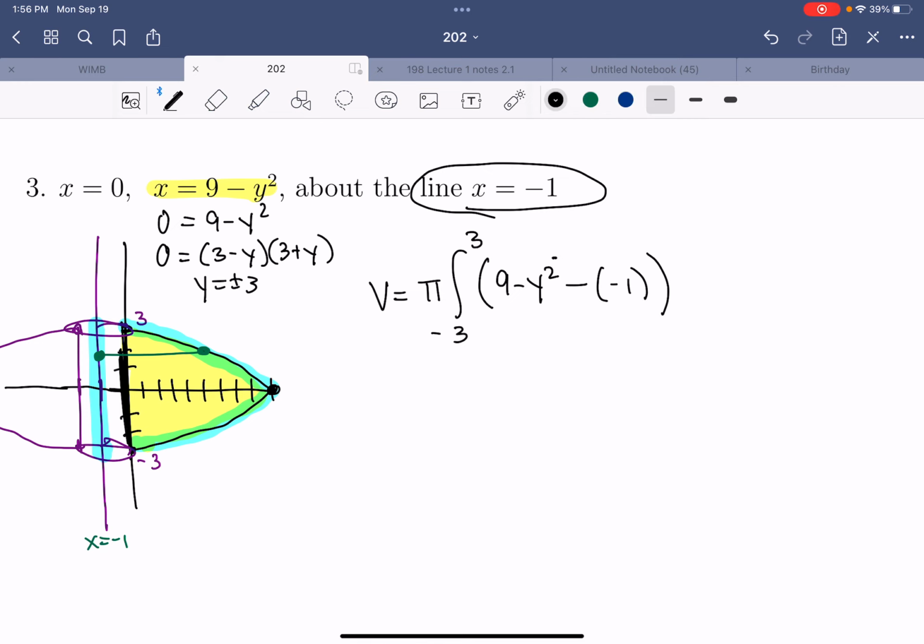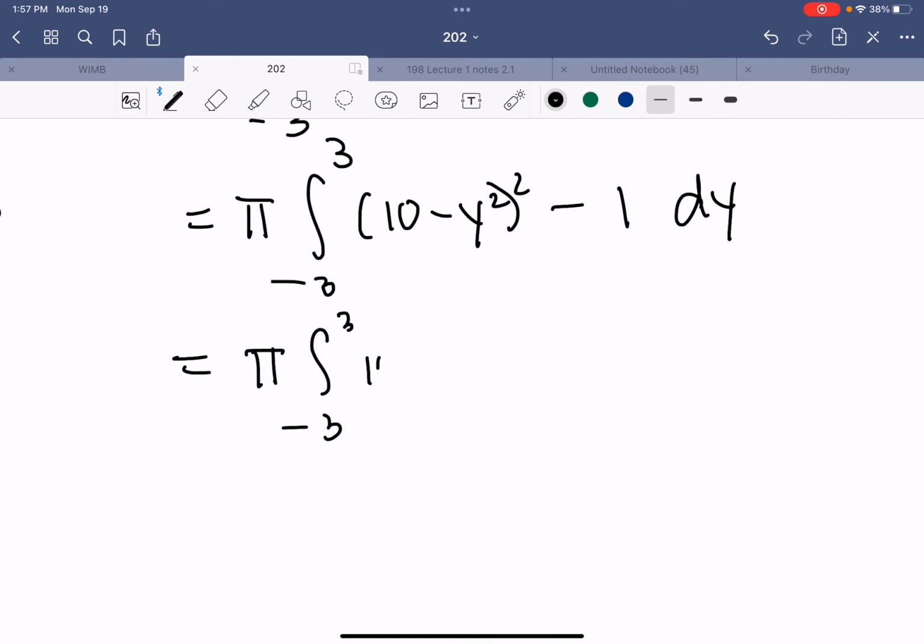So this is pi times the integral from -3 to 3 of 10 minus y squared, squared, minus 1 squared, which is 1, dy. 10 squared is 100, minus 20y squared, plus y to the 4th, minus 1 dy.